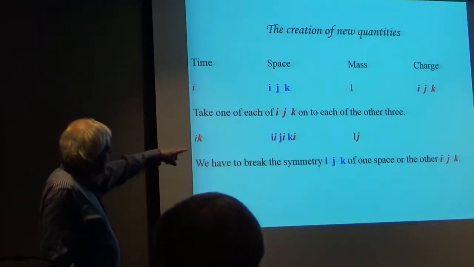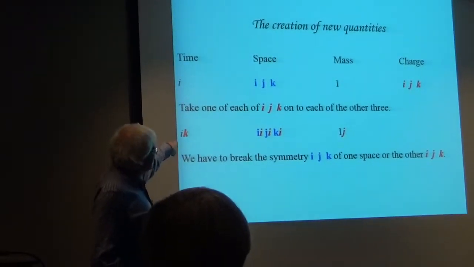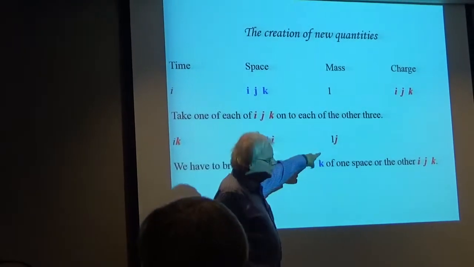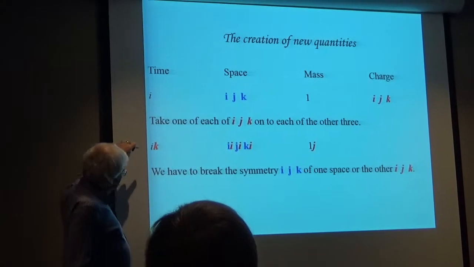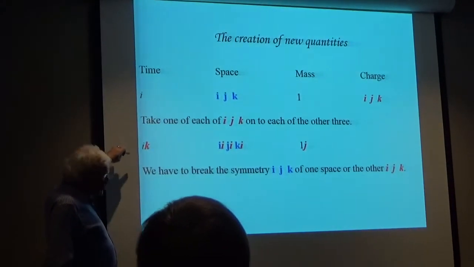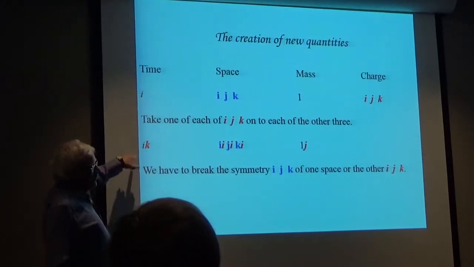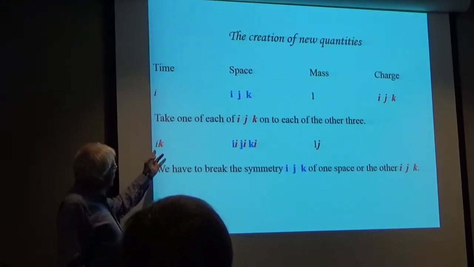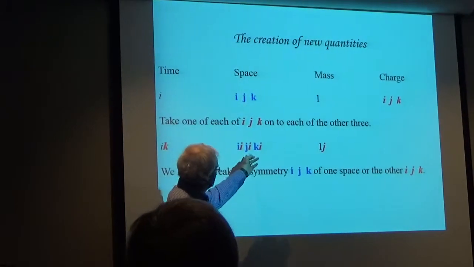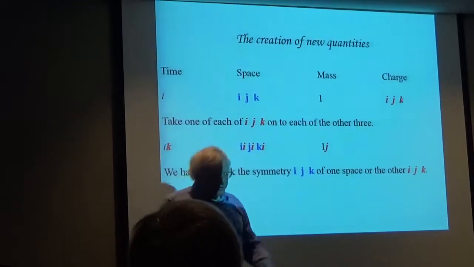What I've done there is take the 3 red ones and attach them one by one to each of these. And now what you see is the generators of the entire structure, and you can see that this is a broken symmetry for the red ones. This one is attached to a pseudo-scalar, this one to a vector, and that one to a scalar.